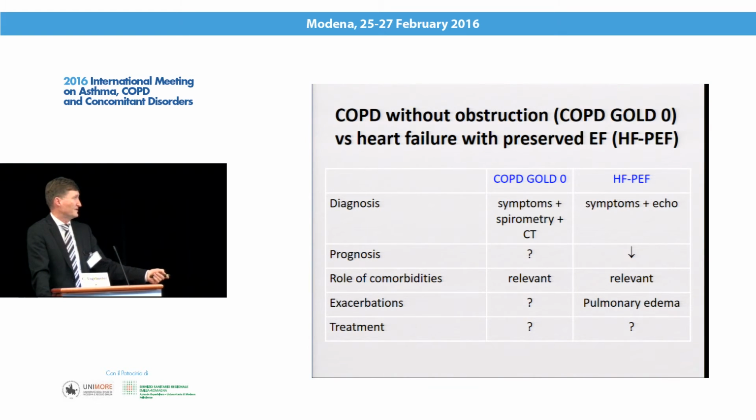The prognosis here is unknown. Here it's undoubtedly bad. The role of comorbidities, for both diseases, comorbidities seem to be relevant. Exacerbations, we don't know that much about GOLD 0 patients. There is no doubt that the classical exacerbation of patients with preserved ejection fraction is pulmonary edema, and as we know, this is a very critical situation. Regarding treatment, there are 2 question marks. We have no idea what to do about that.